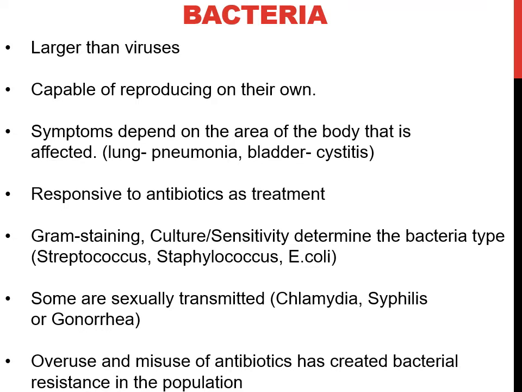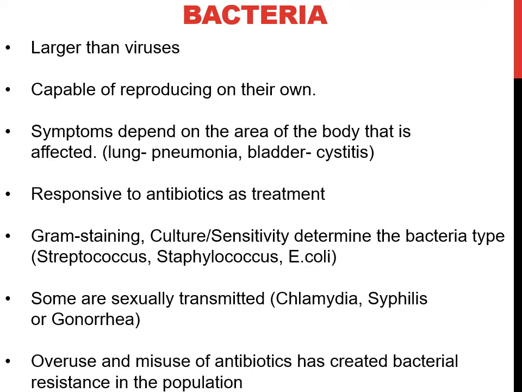Okay. How do we find out what kind of bacteria it is? Well, we can do gram staining, where we put a specific dye onto a colony of bacteria from, say, a sample we took from the blood or the urine, and different bacteria will stain a different color.